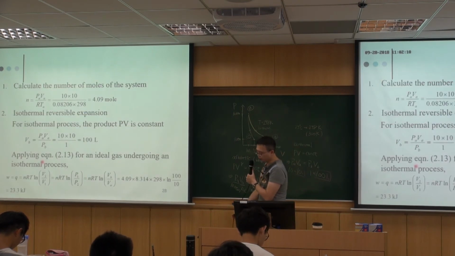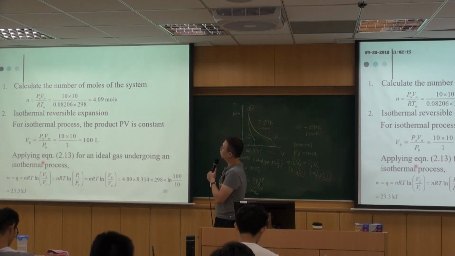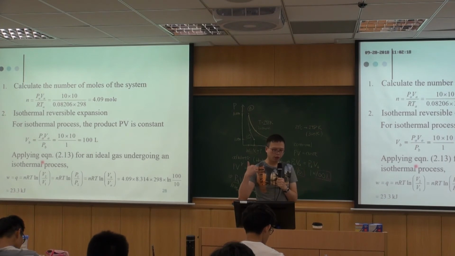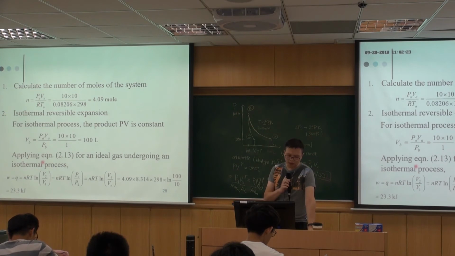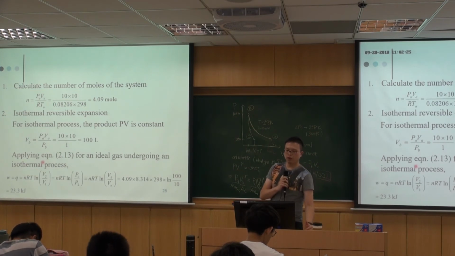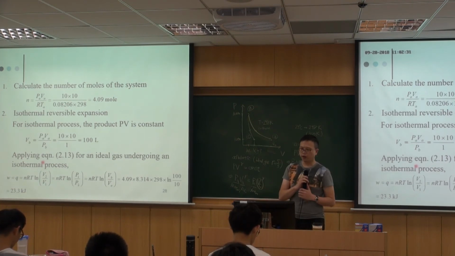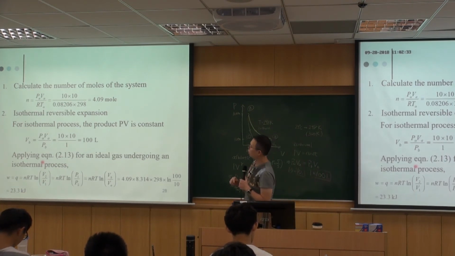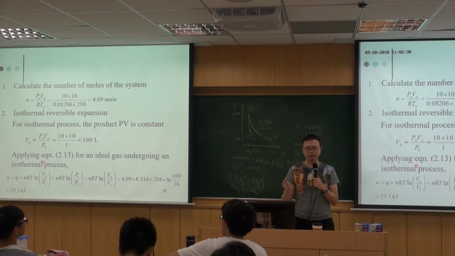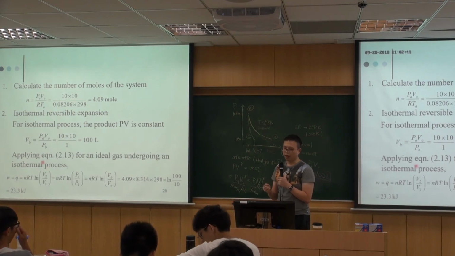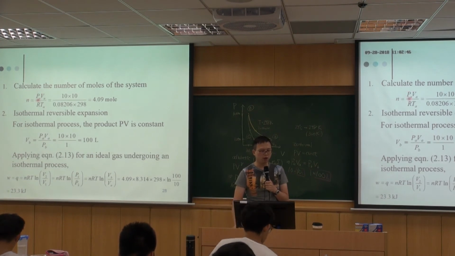So here is a process that the textbook went through. First of all, there's another thing that we have to determine, which is the size of the system, like how many particles there are in your system. So the first thing that the textbook actually calculates is this number n. And based on the ideal gas law, this can be easily calculated using PV over RT.